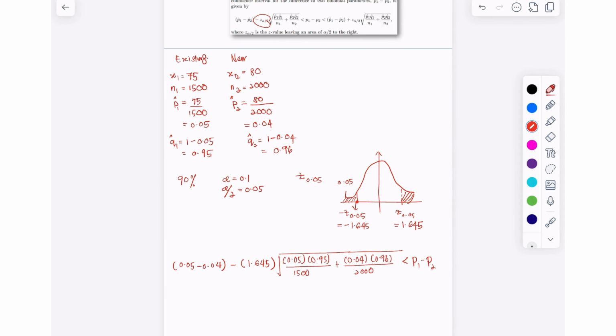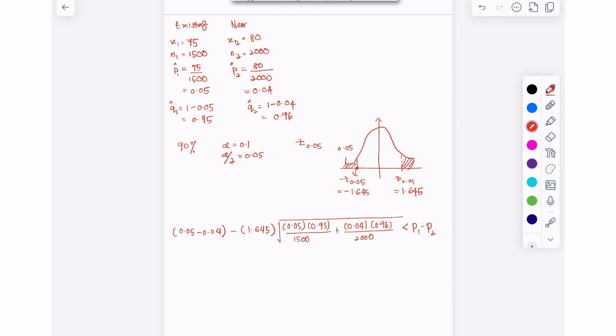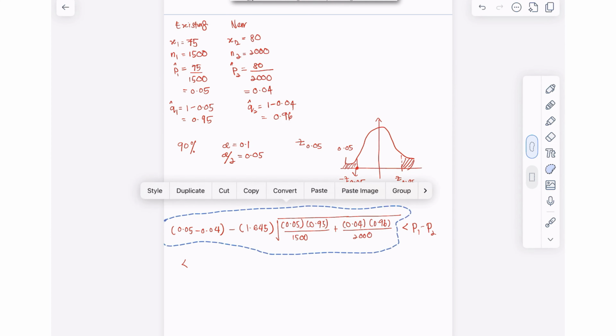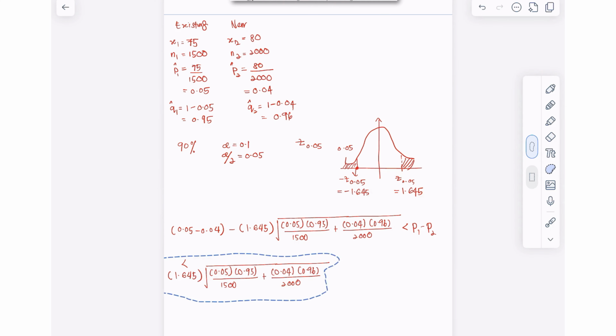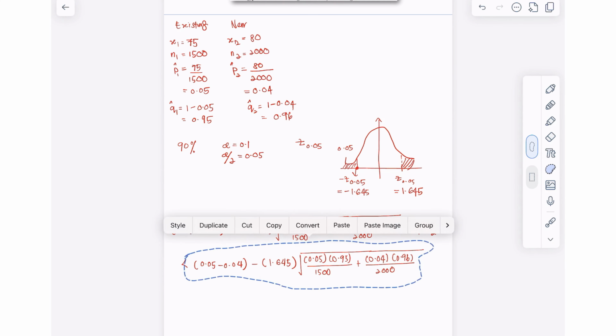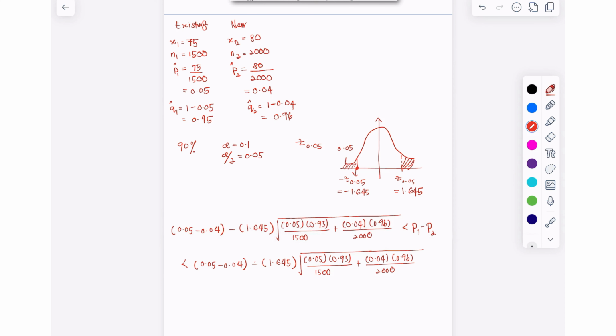Okay, so I continue here. For the upper bound, it's just the same as the lower bound, but we have plus in between, so I just copy. So this one is plus for the upper bound.